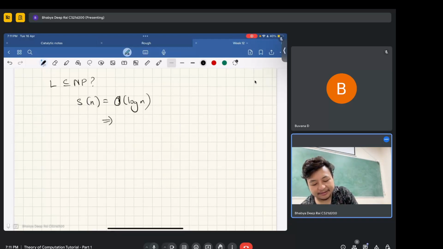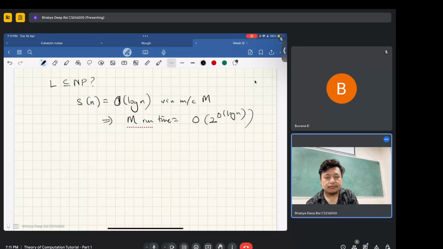which implies that the runtime of the particular machine M, which runs in S(n), is equal to order 2 to the order log n, right, by the theorem we just saw. Now, what is 2 to the log n? 2 to the log n is n.